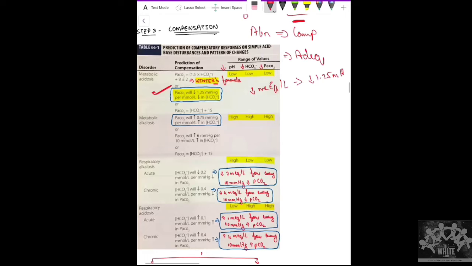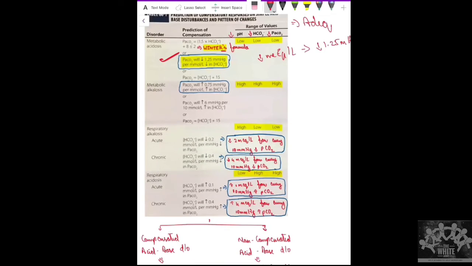Similarly, where HCO3 minus levels increase, as a compensation PCO2 should increase. If HCO3 minus increases by 1 milliequivalent, then PCO2 should increase by 0.75 mmHg. That is how we calculate compensation.